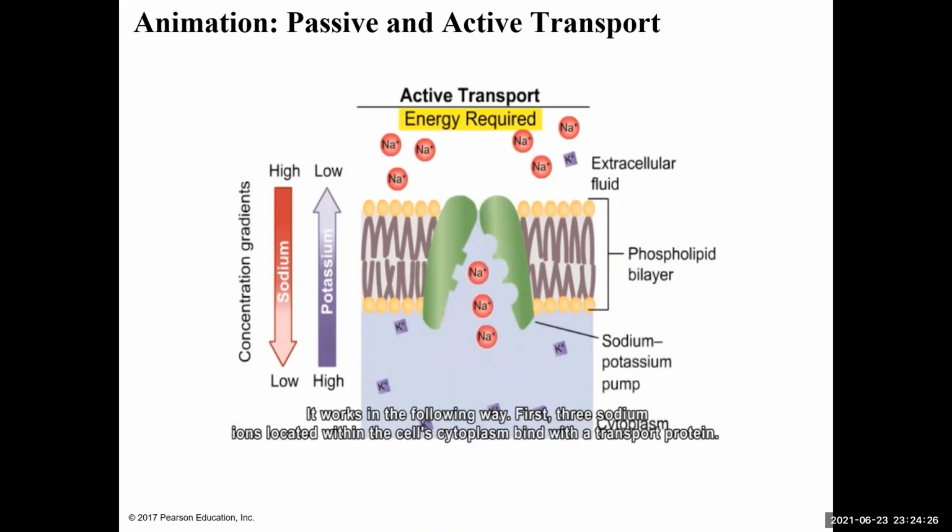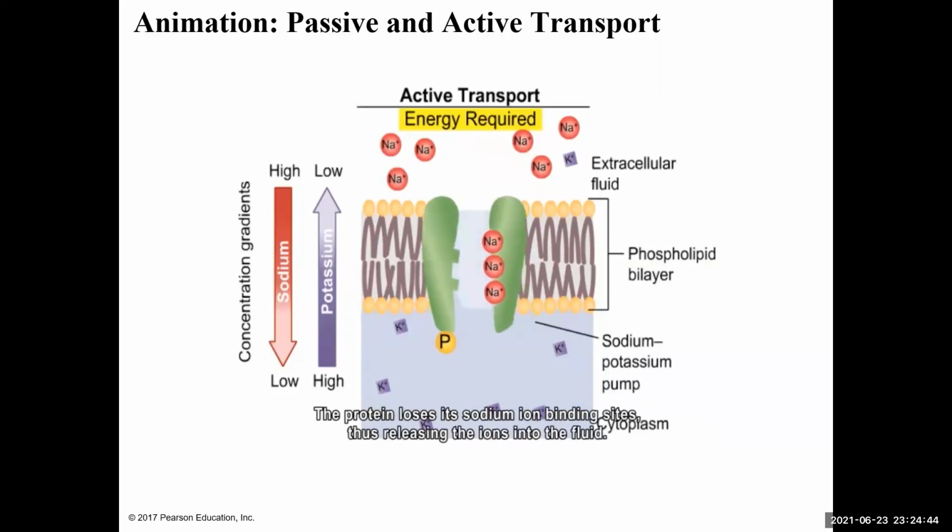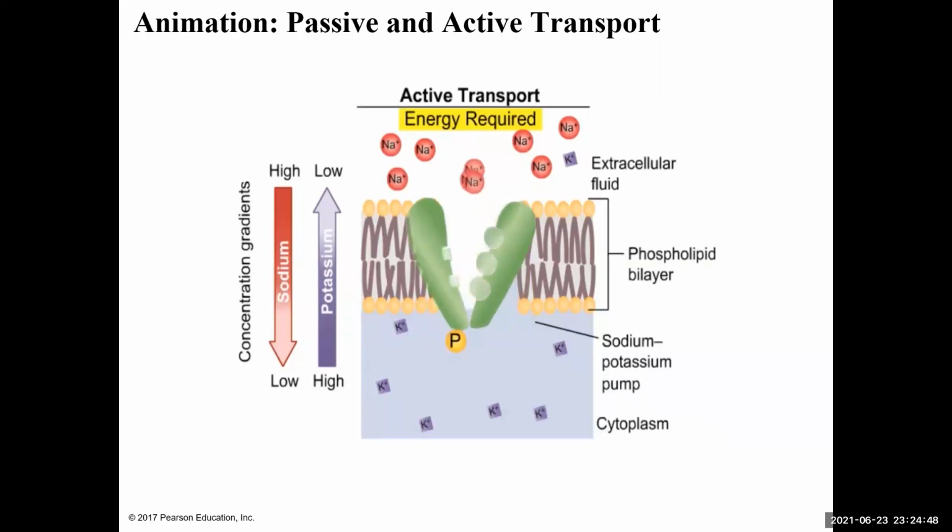First, 3 sodium ions located within the cell cytoplasm bind with the transport protein. Then, the energy molecule ATP gives up an energetic phosphate group to the transport protein. This binding causes the protein to open its channel to the extracellular fluid. The protein loses its sodium ion binding sites, thus releasing the ions into the fluid.